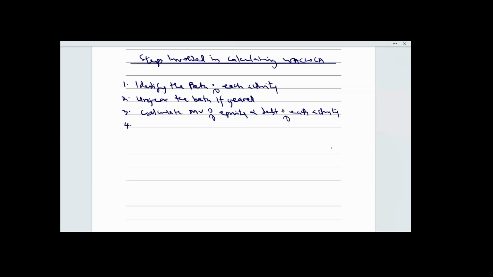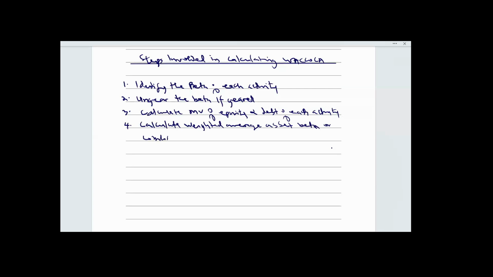Then step 4, you calculate weighted average asset beta, or what is called combined asset beta.